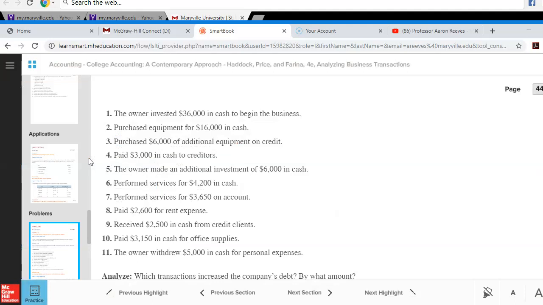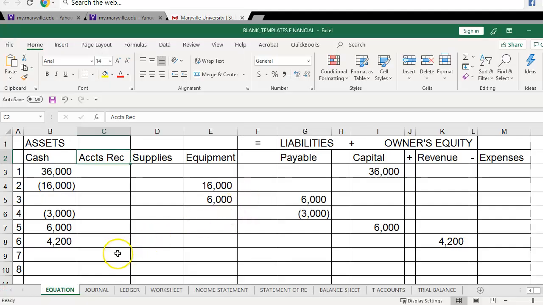So in this case, we provided services with a total value of $3,650 on account. So my accounts receivable account will increase by $3,650, and my revenue account will increase by $3,650. Point of clarity. In accounting, we recognize revenue when it has been earned.